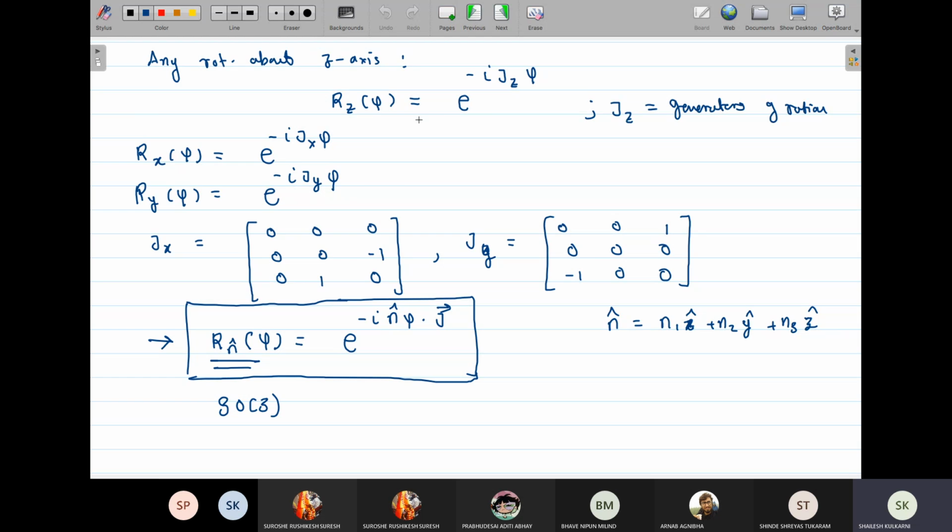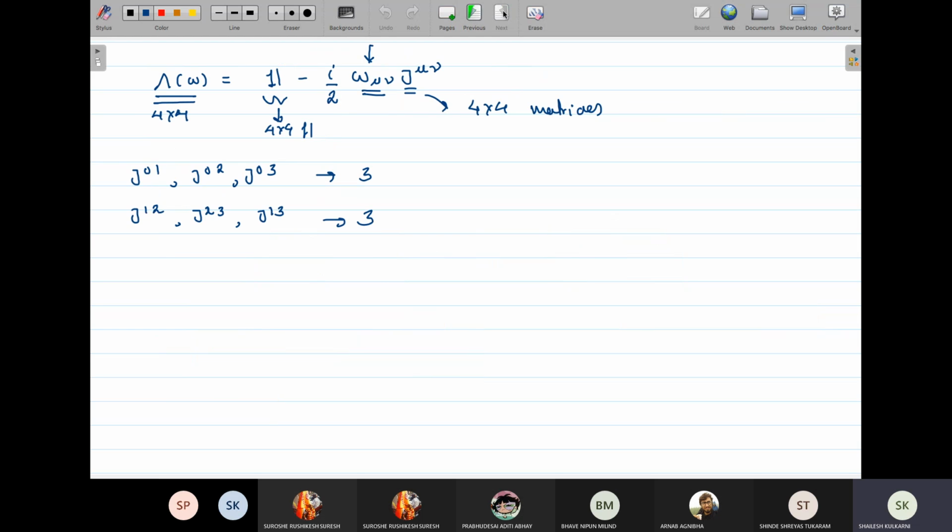So here also, these matrices are linearly independent. Fine, so there will be 6 linearly independent matrices.